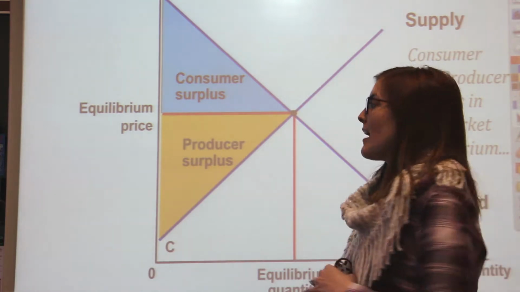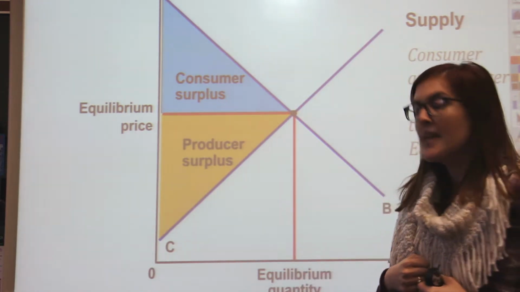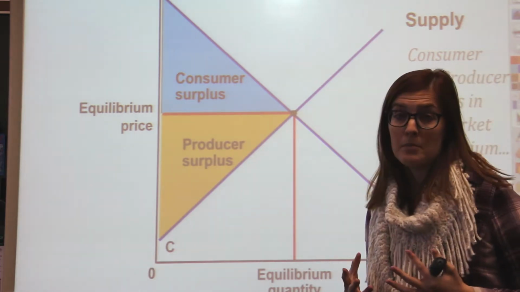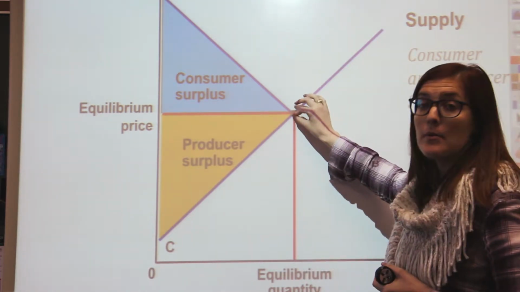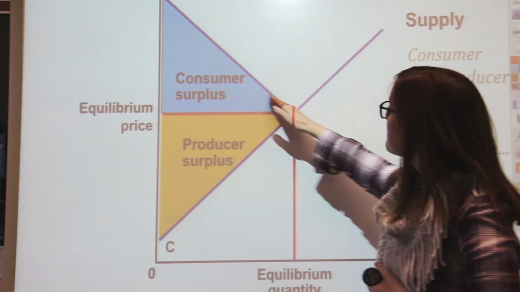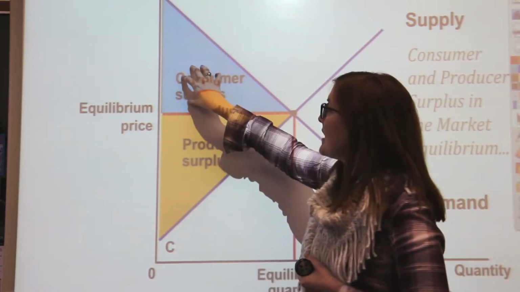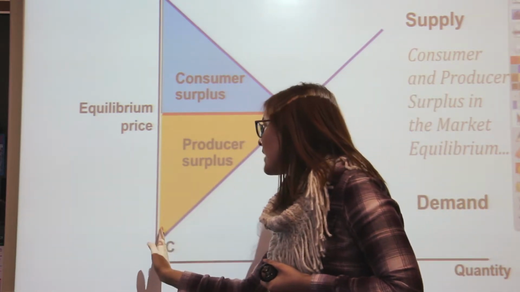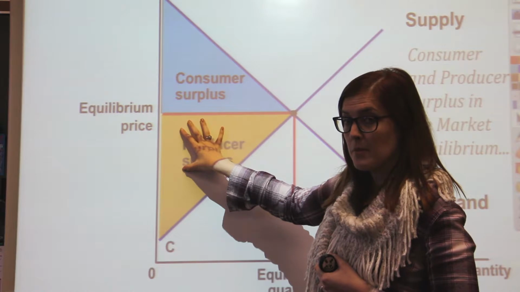So this is the basic graph for consumer and producer surplus. At equilibrium, we are maximizing our total surplus because we are producing at the equilibrium quantity. Everything below the demand line, right here, is the consumer surplus, and everything above the supply line, right here, is the producer surplus.